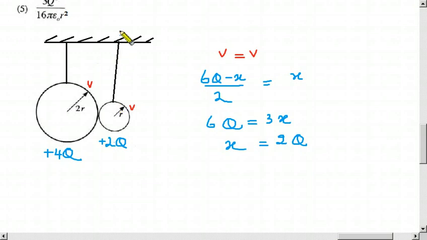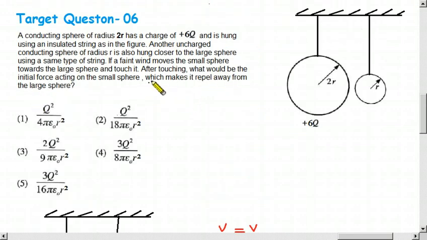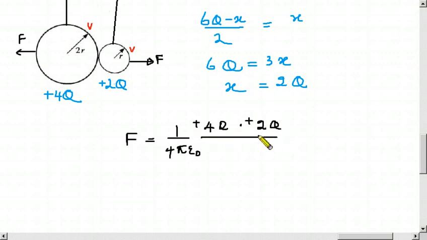Positive positive repel each other, therefore there will be a repelling force like this. So we have to find out the force acting on the small sphere. So Coulomb's law, Q1 Q2 is positive 4q times positive 2q divided by distance 2r plus r, 3r.